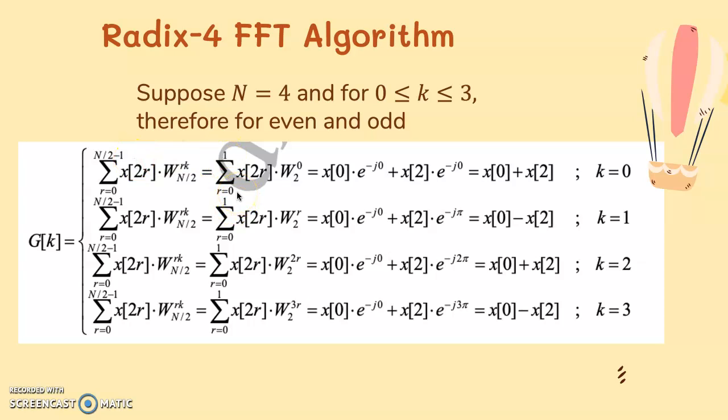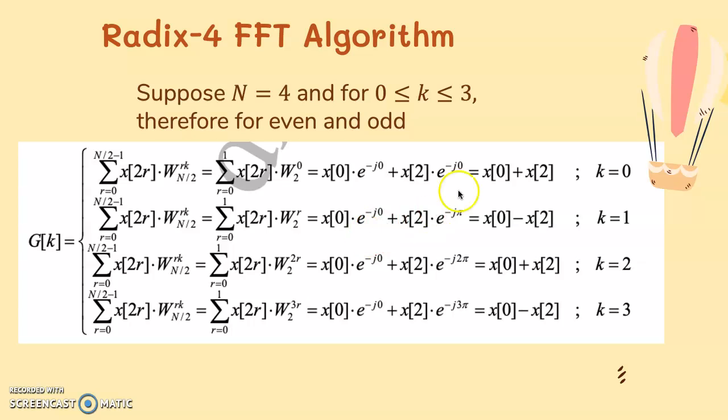So r is 0 to 1. Sorry, k is 0, so it becomes 0. So r starts from 0, and 2 times 0 is 0, x0 e^(-j0), plus x at 2 times 1 is 2. So it becomes x0 plus x2, e^(-j0). So e^(-j0) is plus 1, so it becomes x0 plus x2.